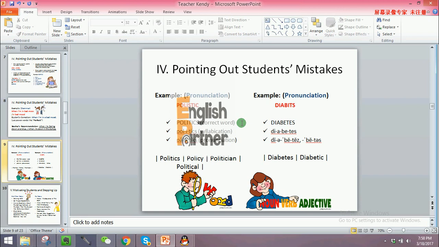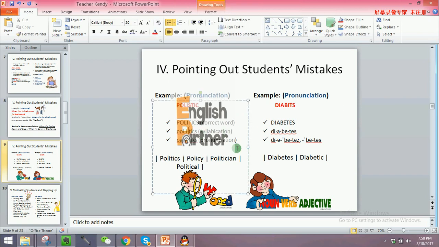Like politics, politics. There are three syllables for this word. And I also show them the correct way to pronounce it. Politics.